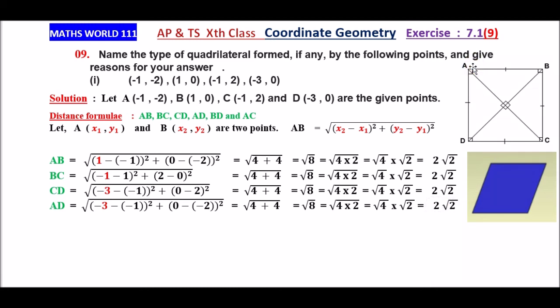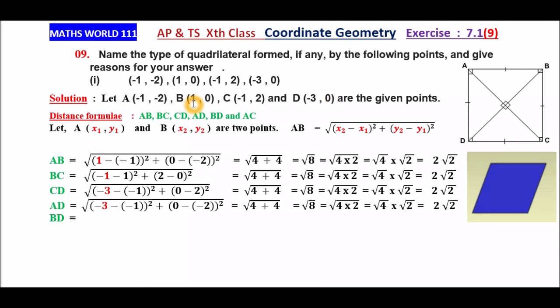Now we have to verify whether the diagonals are also equal or not. So first find the first diagonal, BD. You see here, this one BD. So BD is nothing but the distance between the points B and D, where B is 1, 0 and D is minus 3, 0.